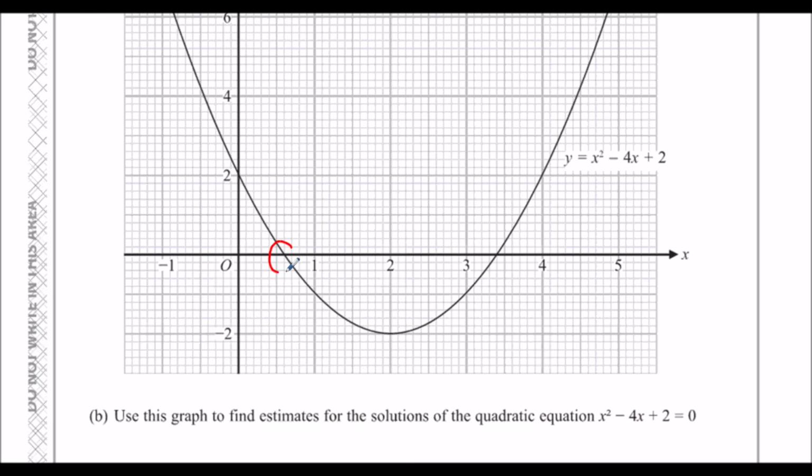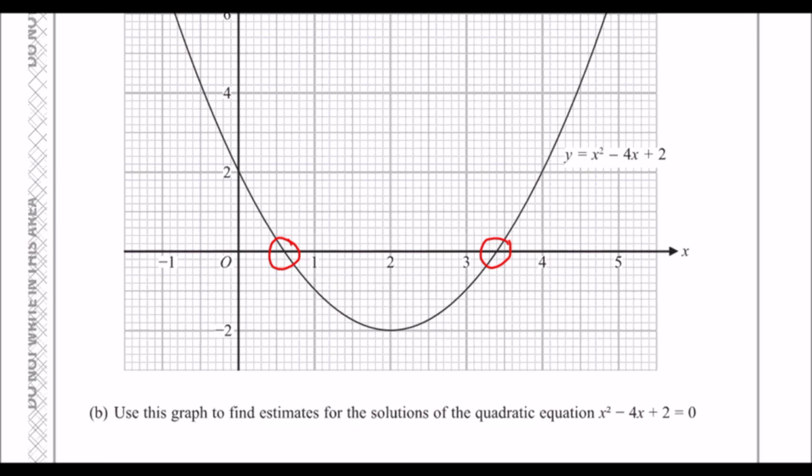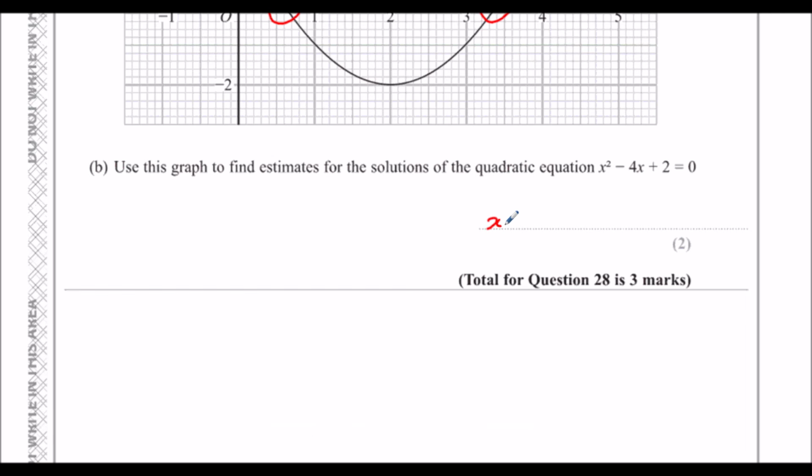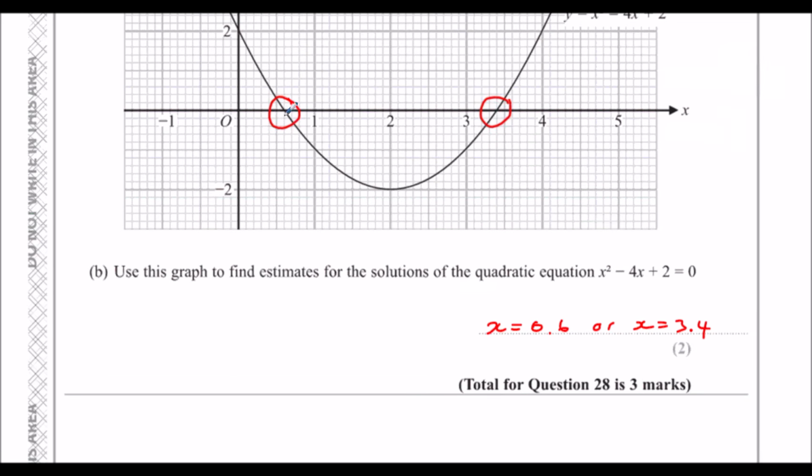That's where it crosses the x-axis. These are the solutions to the quadratic when y equals 0, and it's 0.6 and 3.4. So x is 0.6 or x is 3.4.